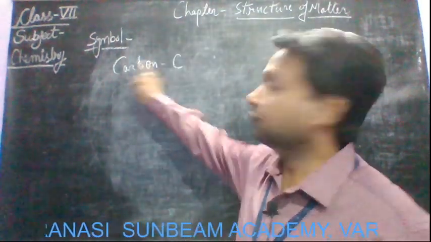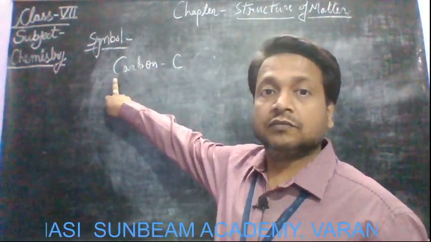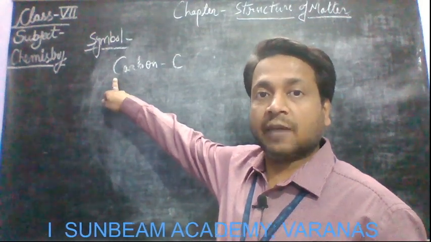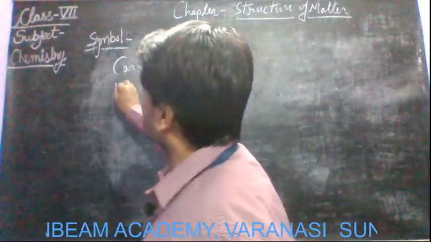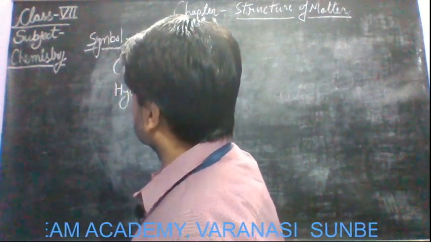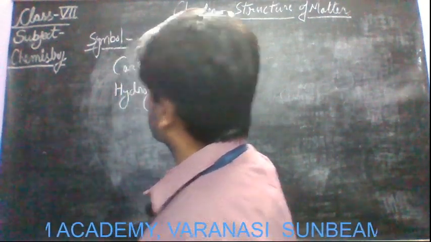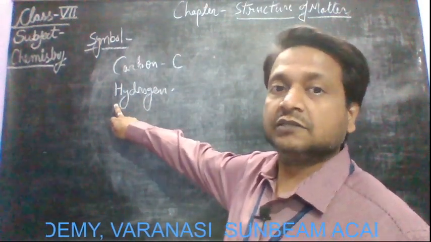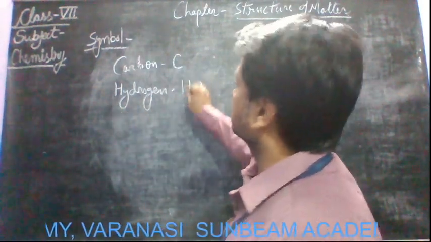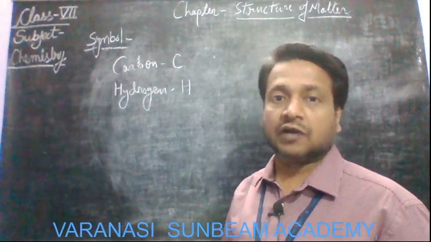Carbon. The first letter of carbon, the English name, is capital C. So its symbol will be capital C. Hydrogen. The first letter of its name, that is H. So this is the symbol of hydrogen.